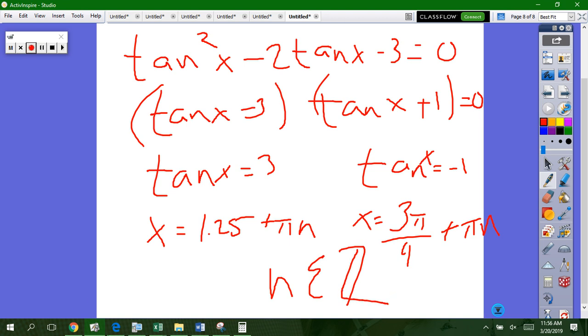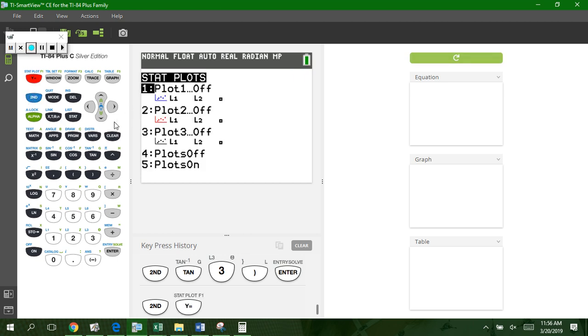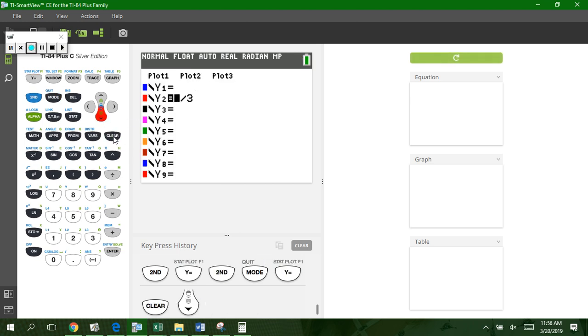Okay, now I'm going to show you via the calculator. If you recall, the very first thing I had was, let me just clear these. I had tangent squared, right? Am I correct in that? Tangent of x, so this is how you do it. You do tangent of x, and then I need to actually clear that.